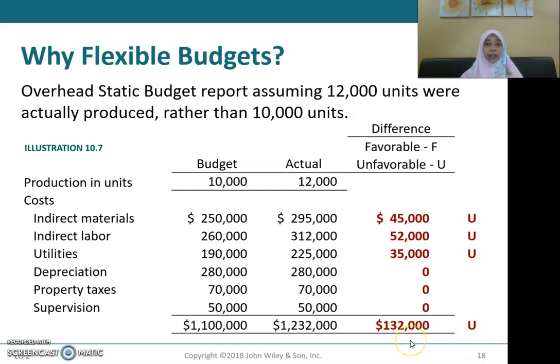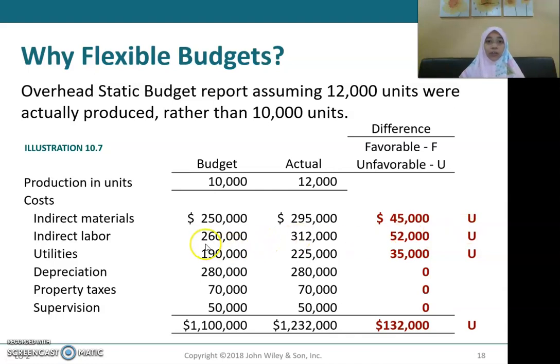So where does the difference lie? You look into the components of your overhead budget. For indirect materials, you budgeted 250,000 and actually incurred 295,000. You incurred more than you budgeted, therefore the difference of 45,000 is unfavorable.